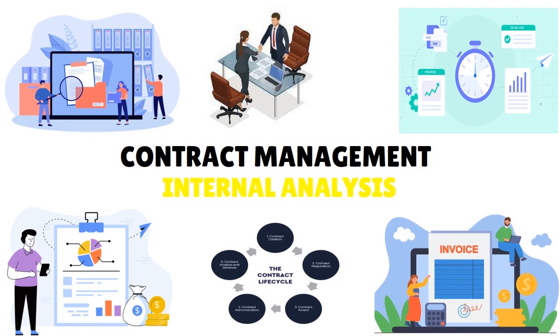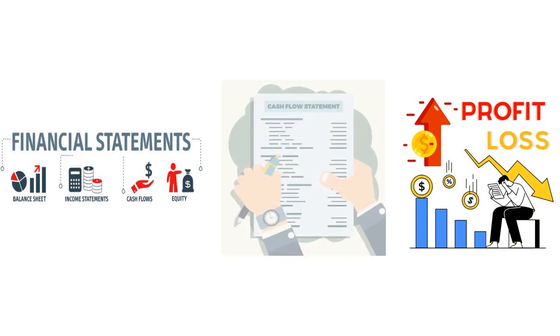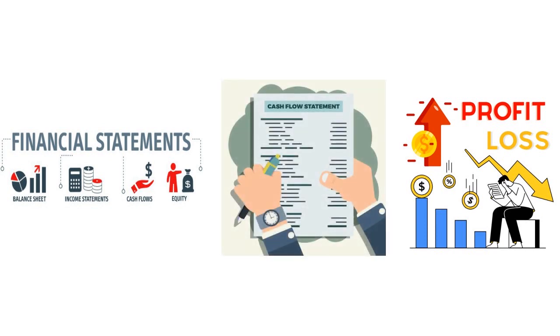Okay, this is something that Clio doesn't have, but Actionstep has it. And so this is for, let's say you want to produce financial statements for your law firm. Yeah, like you want to produce a P&L, a profit and loss statement. You want to produce a balance sheet. You want to produce a statement of cash flow. You want to produce a statement of owner's equity. Then that expense management will be really helpful to you.